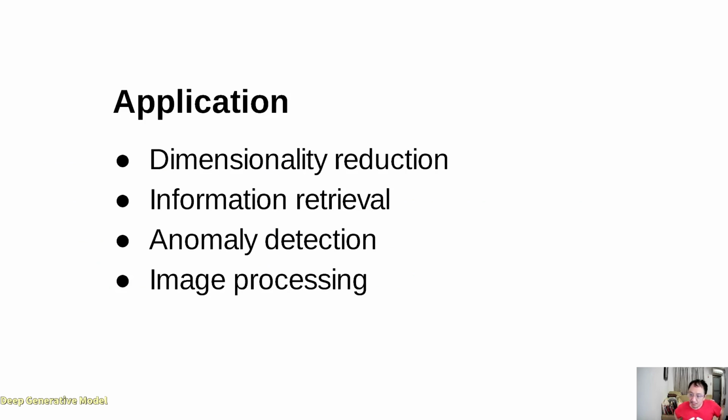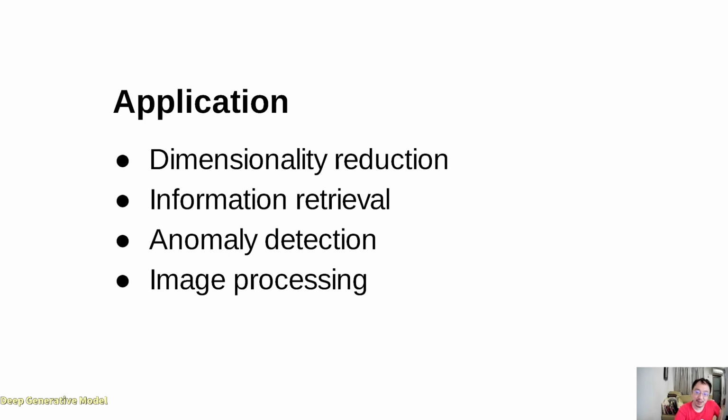So there are many applications for autoencoders. Some typical ones are dimensionality reduction and information retrieval. Because we have a latent, we can use the latent space to compare the similarity between several items. We use the encoder only, get the latent, and compare different things.